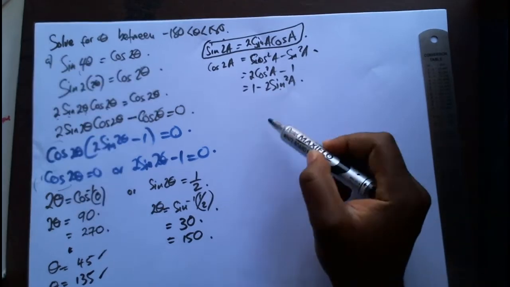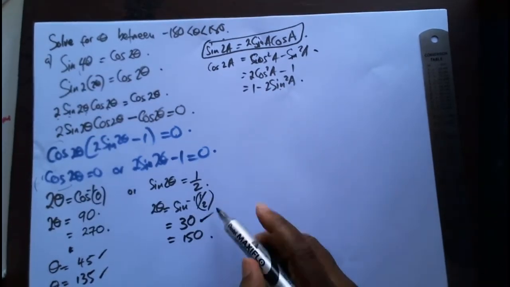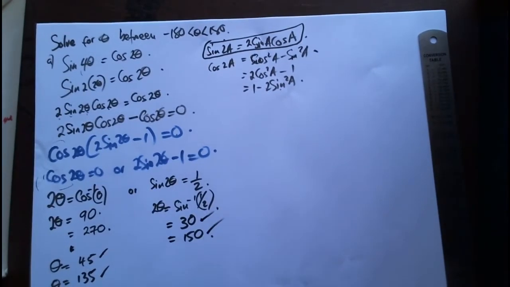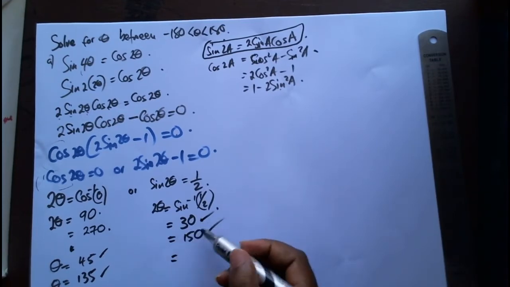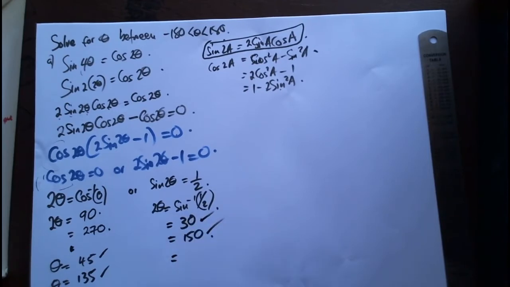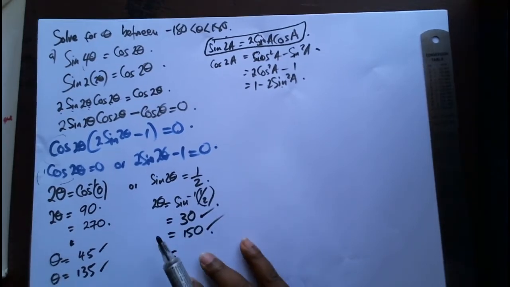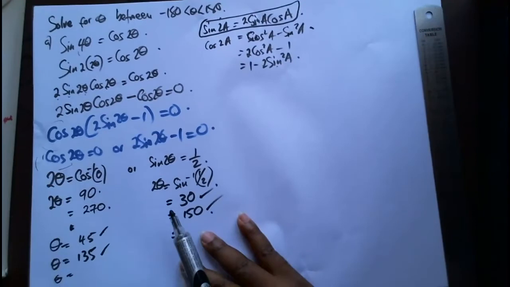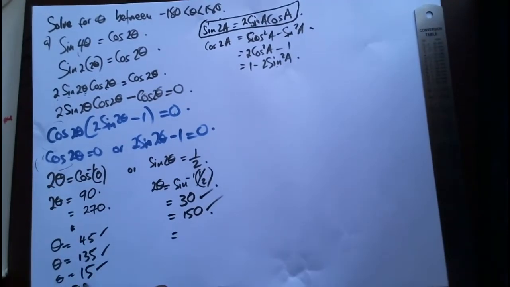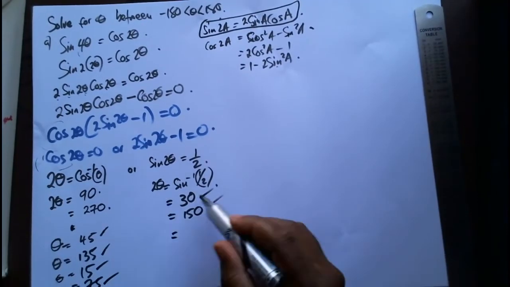So now I have 150 and so this is cos 2 theta, 150 and 30. Now I'll also go to another one because I know that if I divide 30, I will get 15 for this one, and here I'll get 75. But is it the only one?